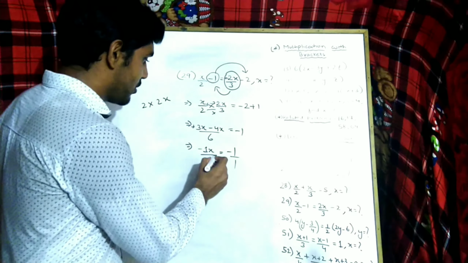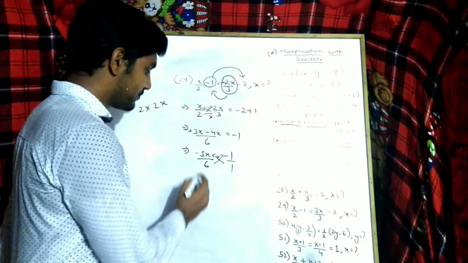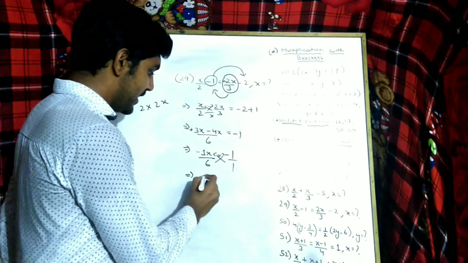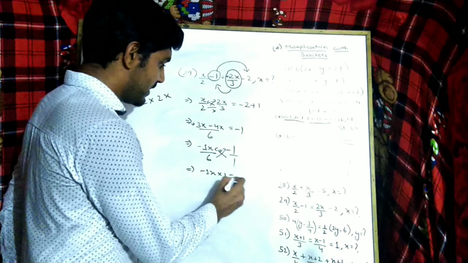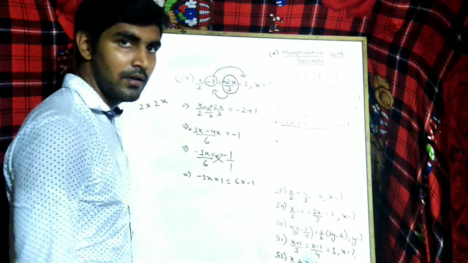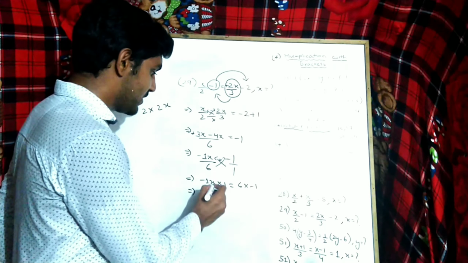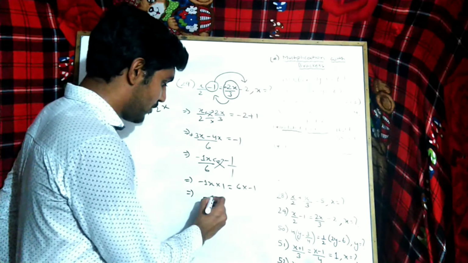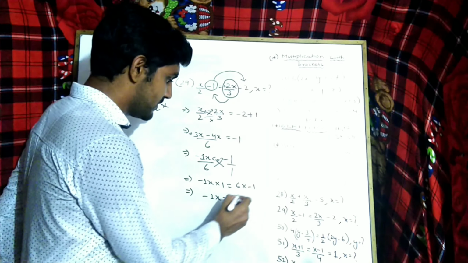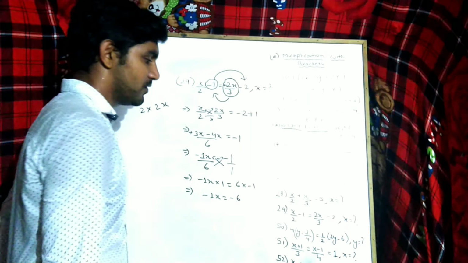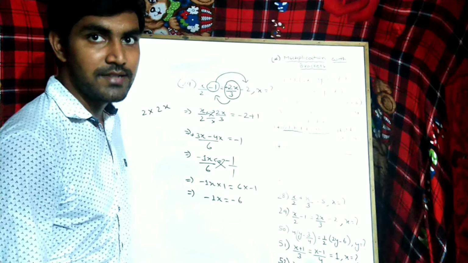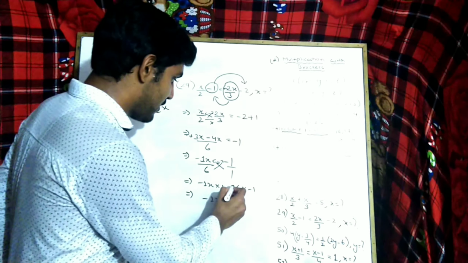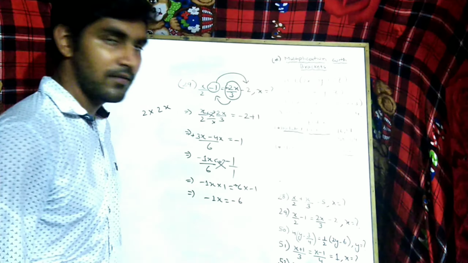Now cross multiply again. Minus 1x into 1 is equal to 6 into minus 1. Minus 1x only is equal to 6 into minus 1, it comes minus 6. Clear? Because plus minus will be minus only.